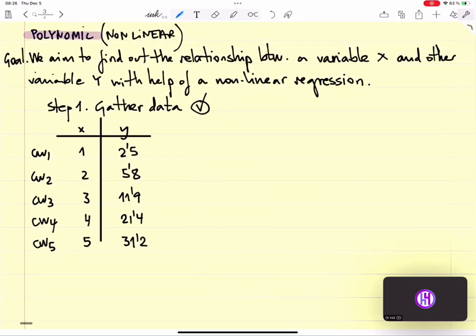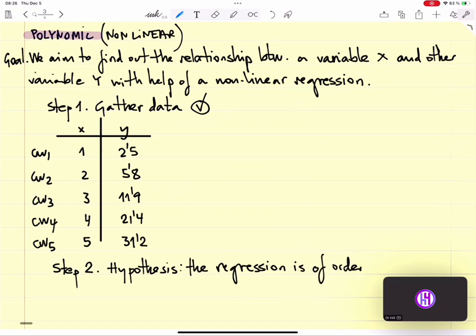So our hypothesis, and this is something that we need to tell the system: the regression is of order 2. So let's say it's quadratic.